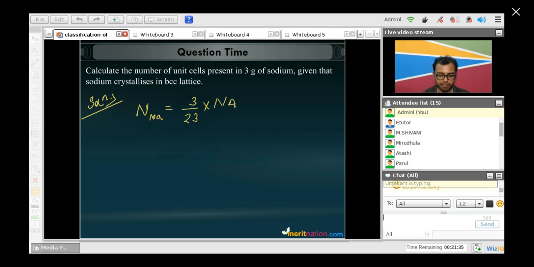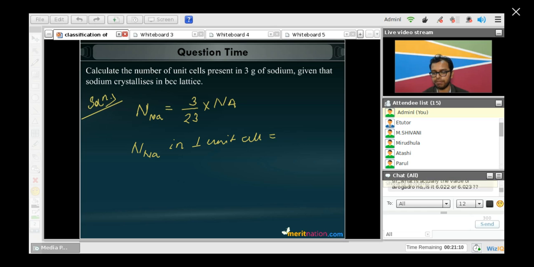Now the number of sodium atoms in one unit cell is equal to how much? It is given that the sodium atom is in a BCC lattice, right? So the number of sodium atoms in one unit cell will be equal to how much? Can you tell me?